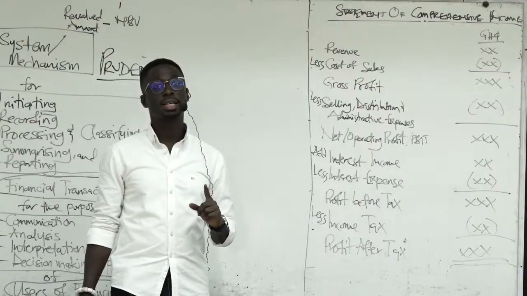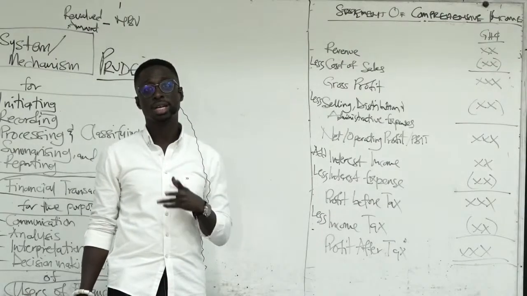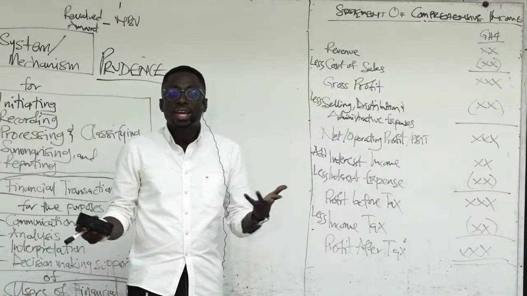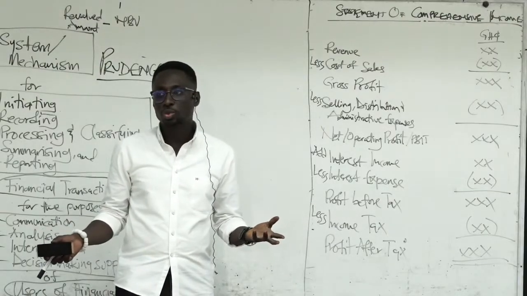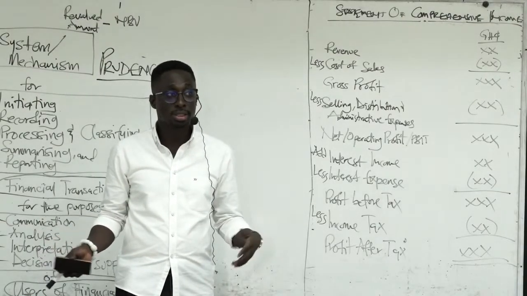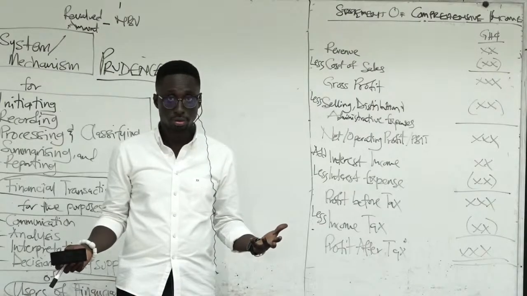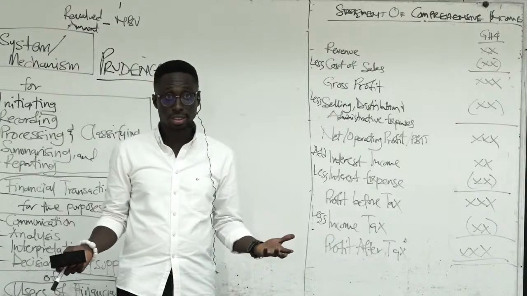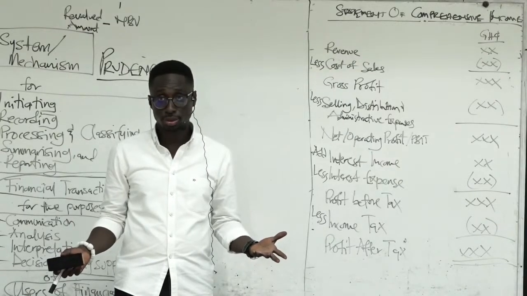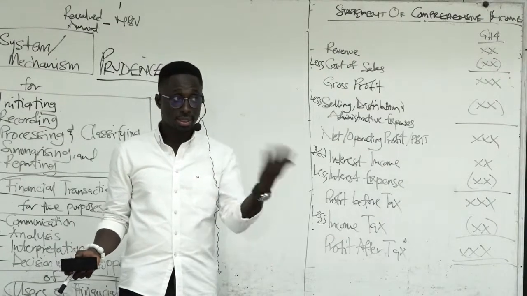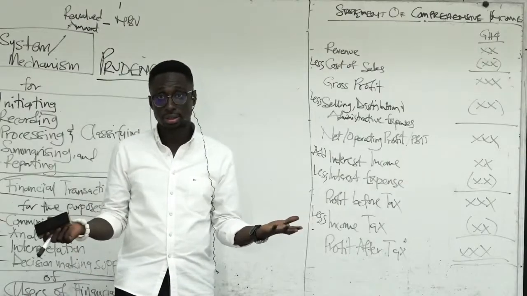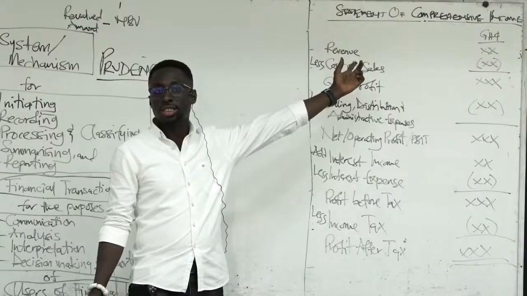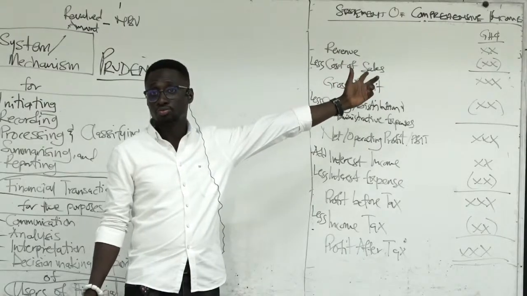And I said income earned and not money received because it is not all earnings that we would have necessarily received payments for. You remember we spoke about debtors or receivables. So once we make a sale on credit, we need to recognize it as revenue. And what kind of transaction will give rise to revenue?